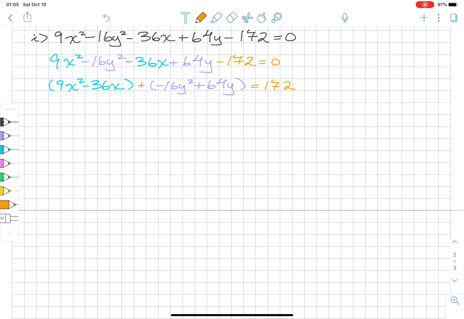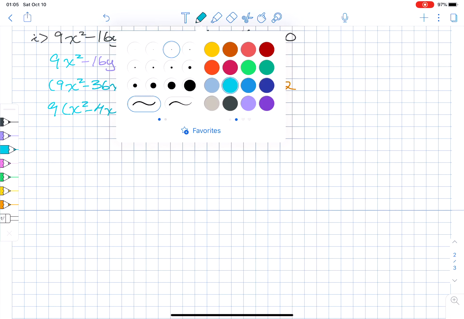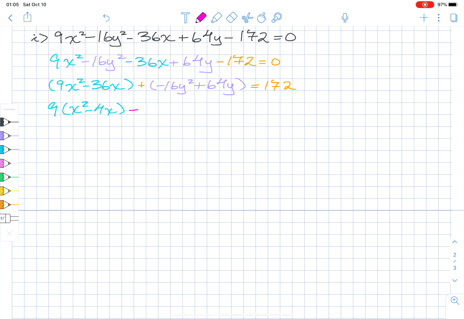So let's factor out the lead coefficient: 9 times the quantity x squared minus 4x. Now let's factor out a minus 16 from the next grouping. So this becomes a positive y squared, and a negative 4y is equal to 172.